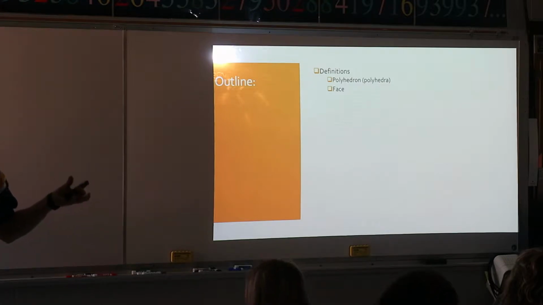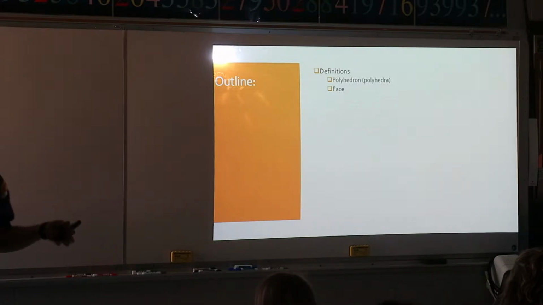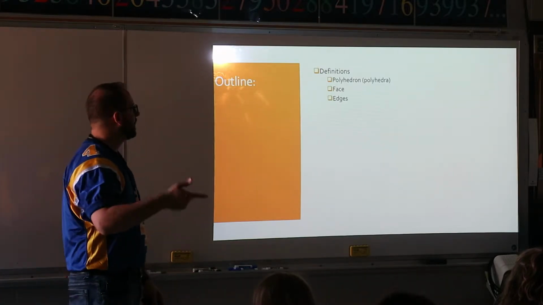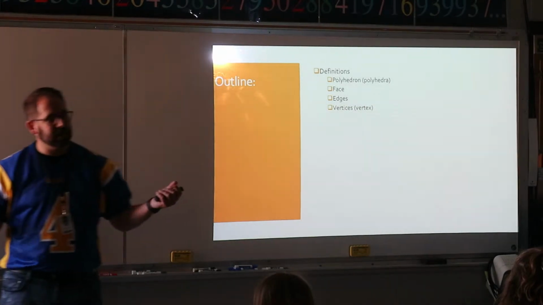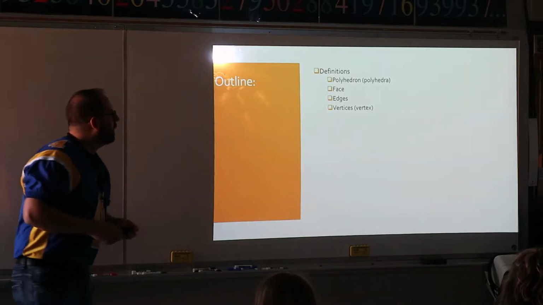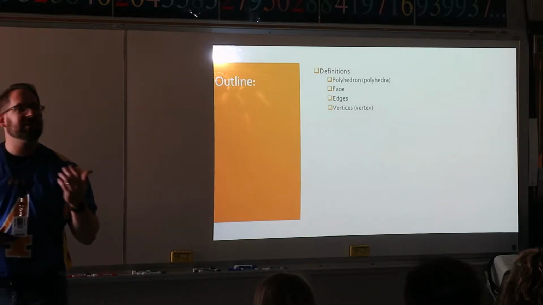So like this room is considered a polyhedron. It has faces. It has walls. Okay. Other terms we're going to talk about are obviously edge and vertex, because we apply those to every shape. Right? They have edges, they have lines, they have points where the lines meet. Those are called vertices, a vertex. Okay, so these are the main terms I want to discuss today.